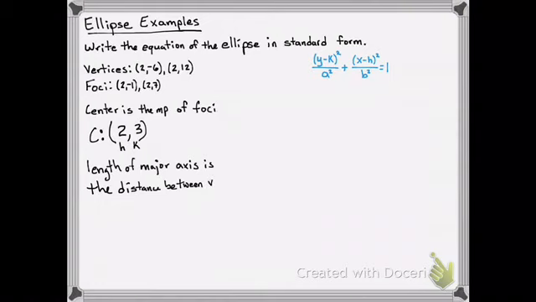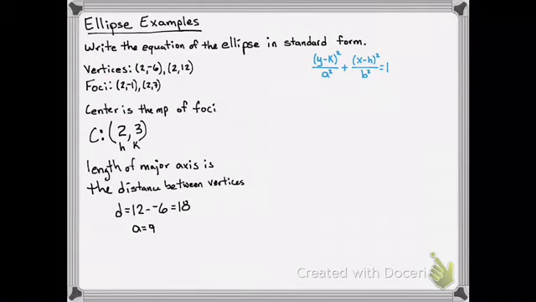Again, the x-coordinates are the same, so realistically I don't have to go through the distance formula. You can if you want to, but since my x-coordinates are the same, I just have to figure out the distance from -6 to 12, and I can figure that out very easily by simply subtracting 12 minus -6, and so that tells me that the distance is 18. That's the length of the major axis, and so a would be half of that value. A is going to equal 9.